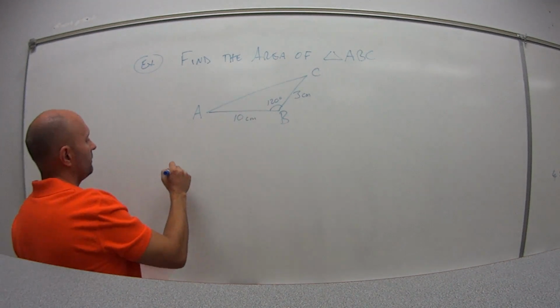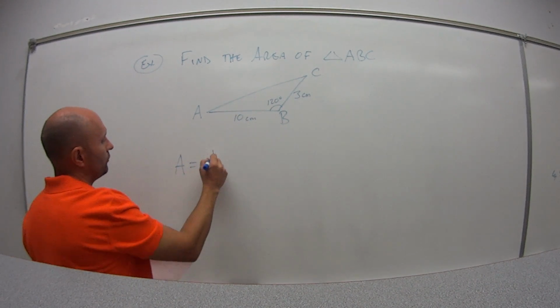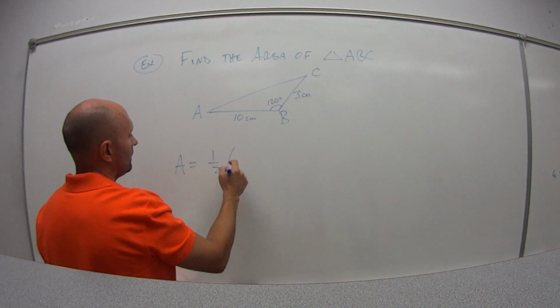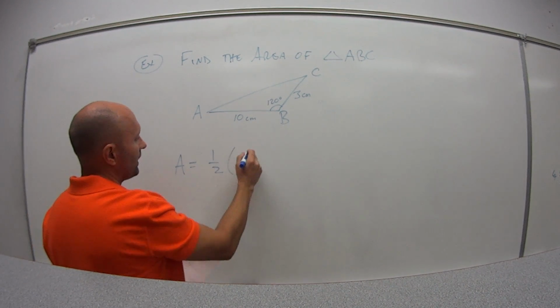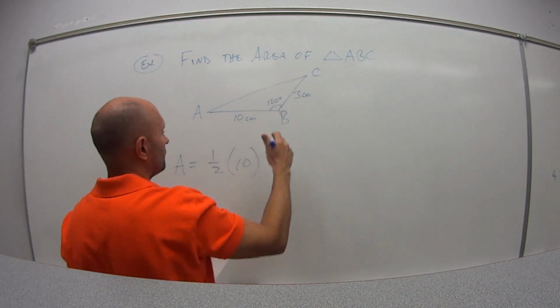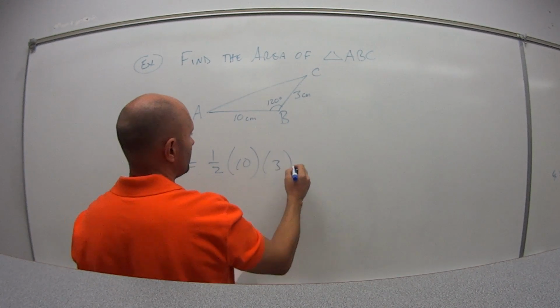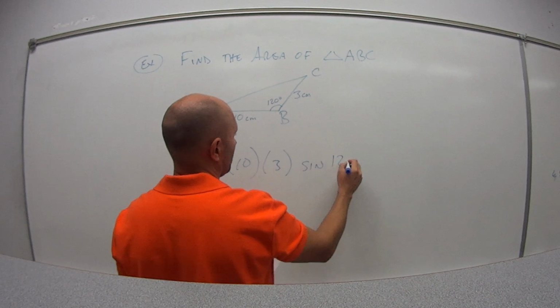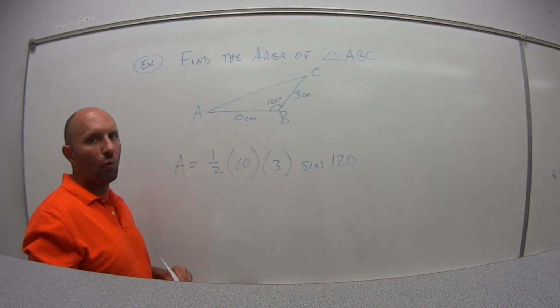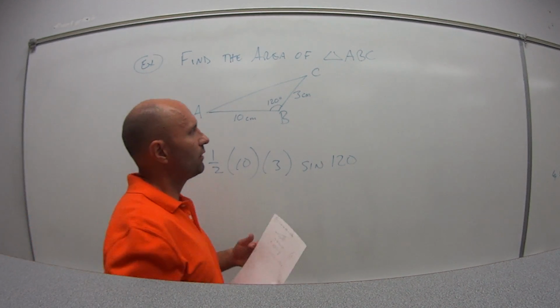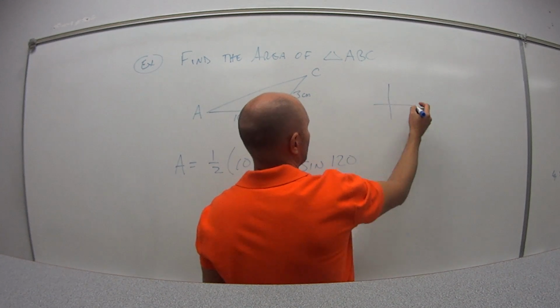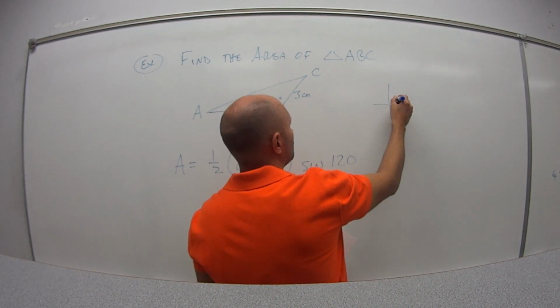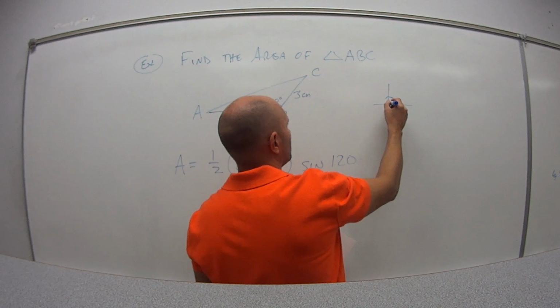So we're going to have that the area is equal to 1/2 the length of one side, which is 10, the length of the other side, which is 3, and then sine of 120. So 120, we can use our reference angle. So if we have our standard position, 120 is over here.